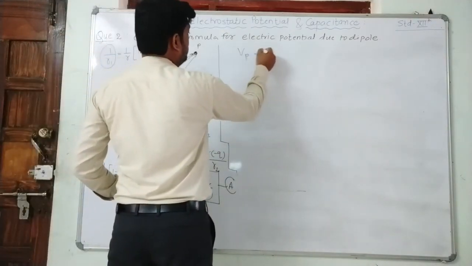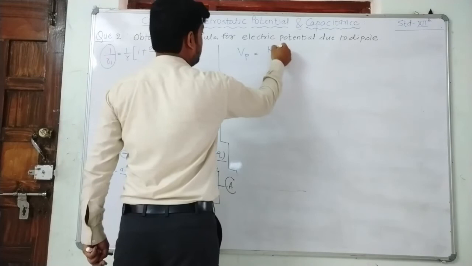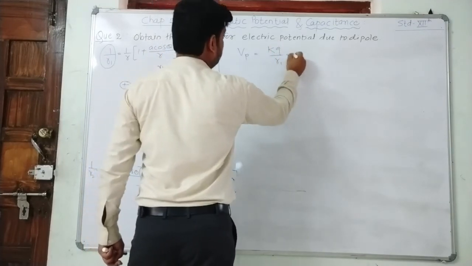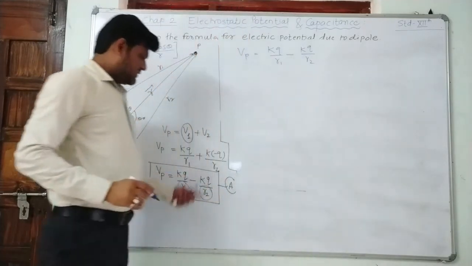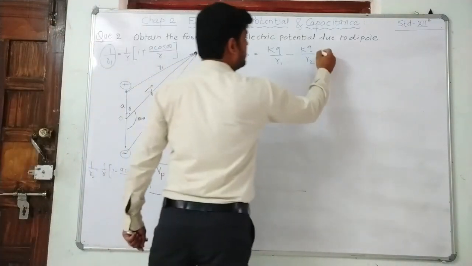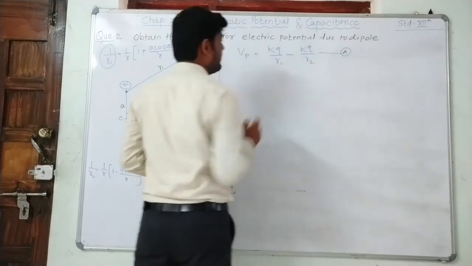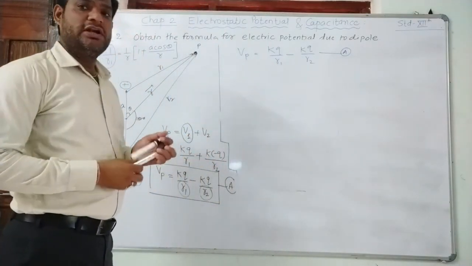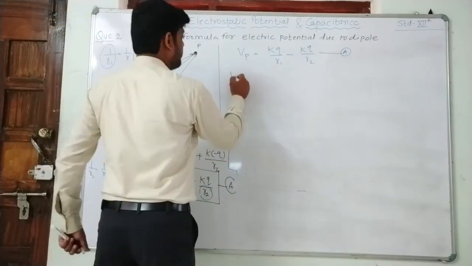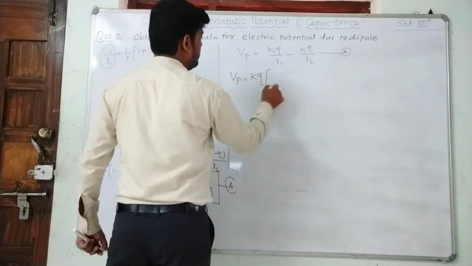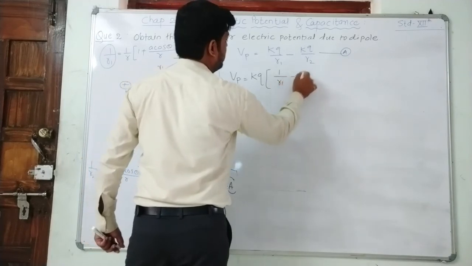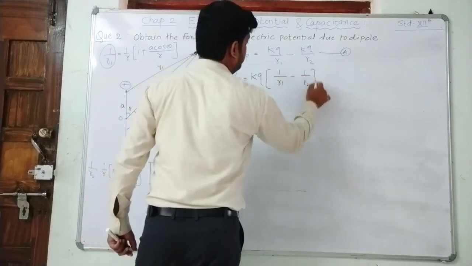Vp equal to KQ by R1 minus KQ by R2. That was our equation A. We calculated the value of 1 by R1 and we calculated the value of 1 by R2. So Vp equal to KQ taken outside, 1 by R1 minus 1 by R2.